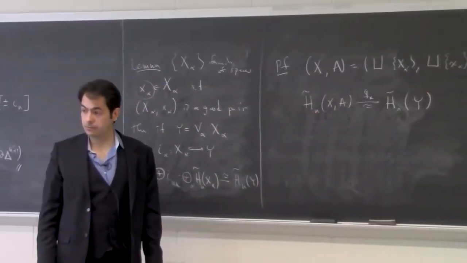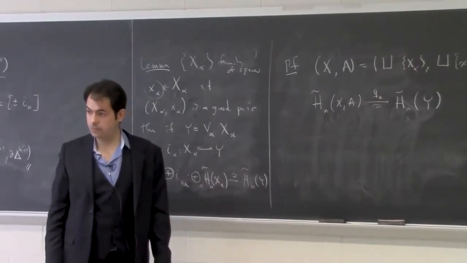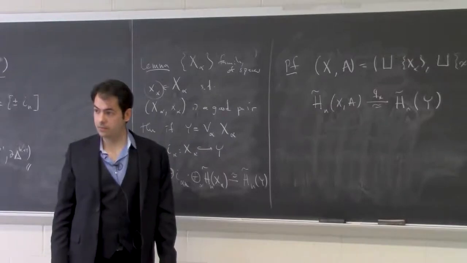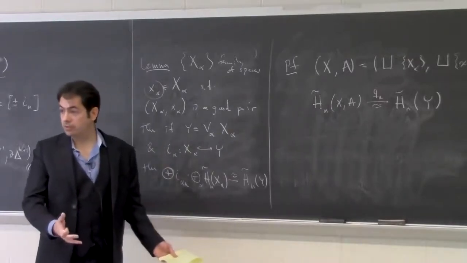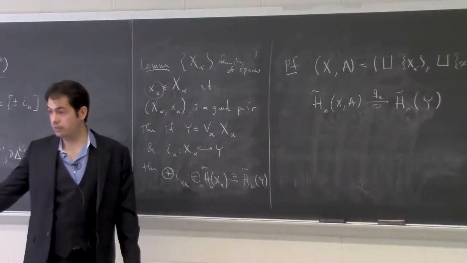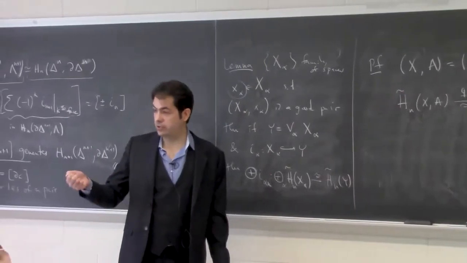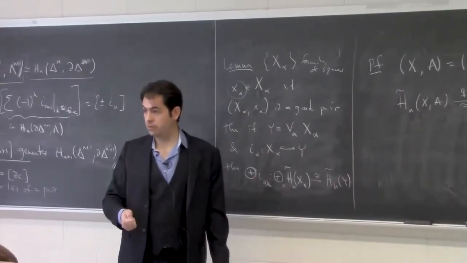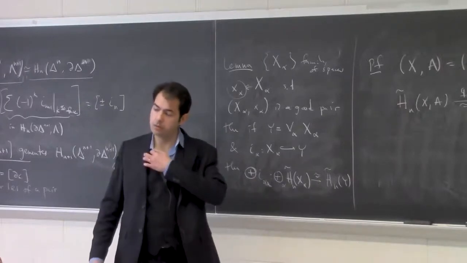I understand that each little x alpha is a good pair, but how do you know that (X, A) is a good pair? Right, so take the neighborhood given by all of those neighborhoods you had, and then the deformation retract is just doing the deformation in each space. So your neighborhood is the union of all of the neighborhoods? Okay.